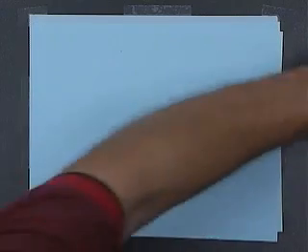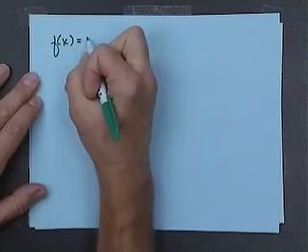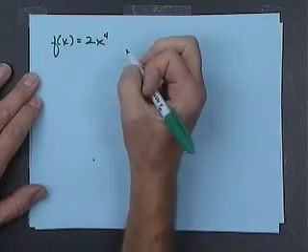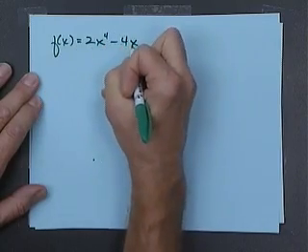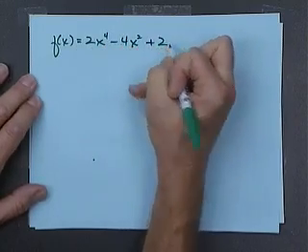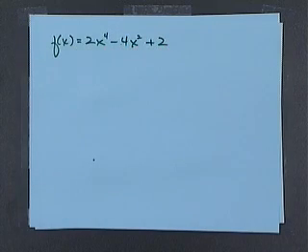All right, the picture that we had, that fourth degree polynomial, looked like this. So if we were looking for critical points, what do we do?